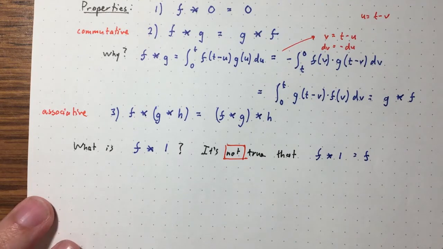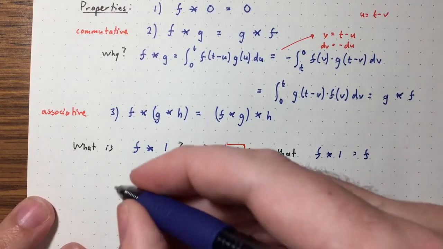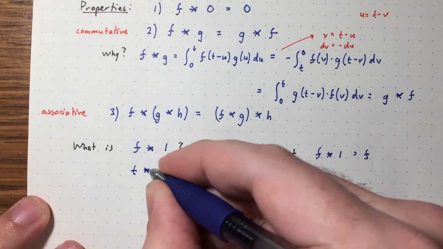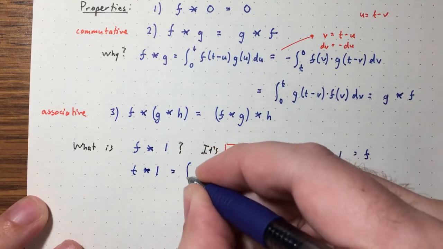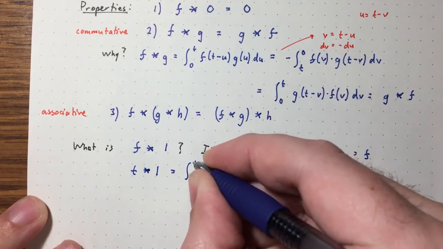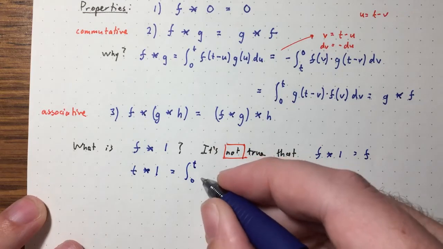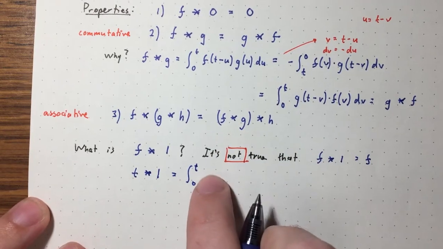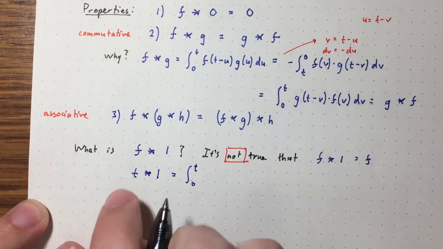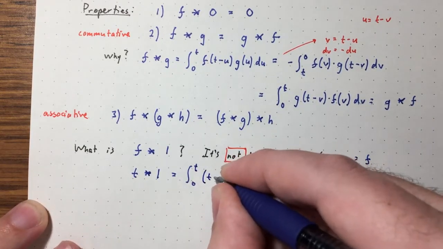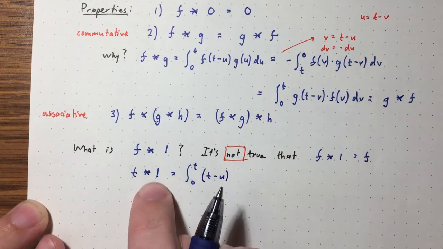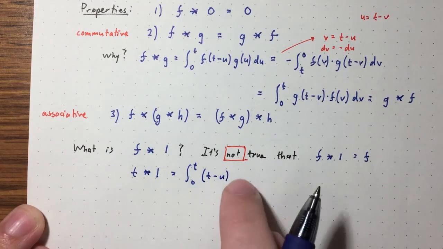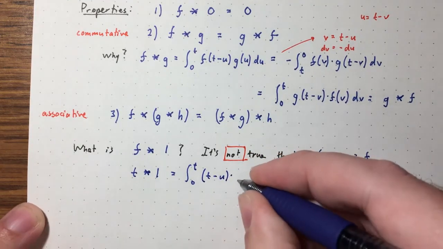Okay, let's do an example showing it's not true. What does t convolve with 1? By definition, if we go from 0 to t, and this is my function f, it's f of t minus u, so I need to replace all the t's with t minus u. There's my function g, g of u. I need to replace the t with u, but I don't see any u's.